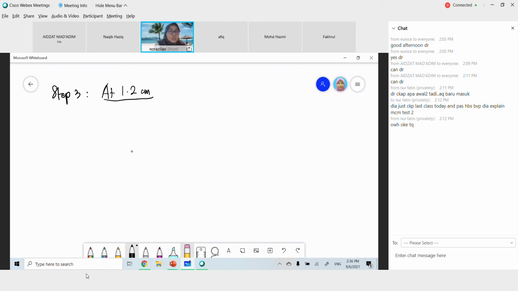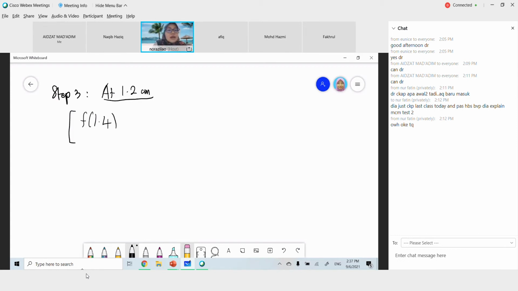Okay. So f(xi plus 1). So it means 1.4. So you put function 1.4 like this, because i is 1.2, i plus 1, so from your initial 1.2, move forward to 1.4.